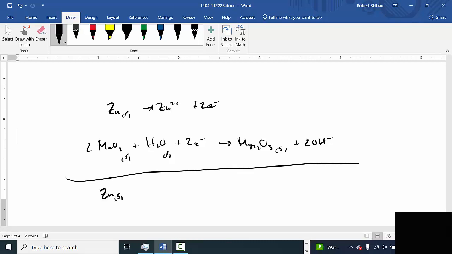So what we're going to have is Zn solid plus 2 MnO2 solids plus H2O liquid. This is going to go to Zn2+, Mn2O3 solid plus 2 hydroxides. What's special about pure solids and pure liquids?